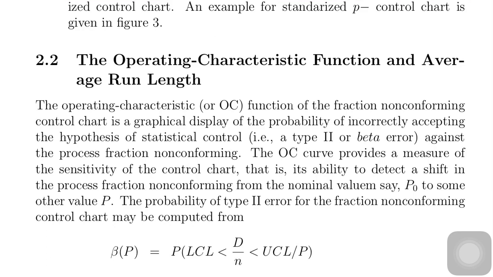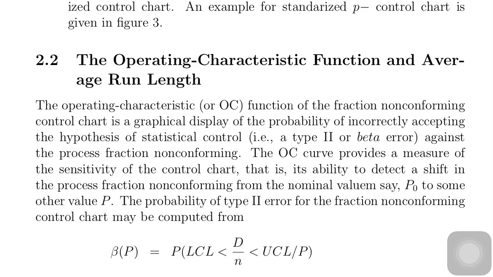So the OC curve provides a very good measure of the sensitivity, or performance, of the control chart. It displays the ability to detect a shift in the process fraction non-conforming from a nominal or target value, say P naught, to some other value P.